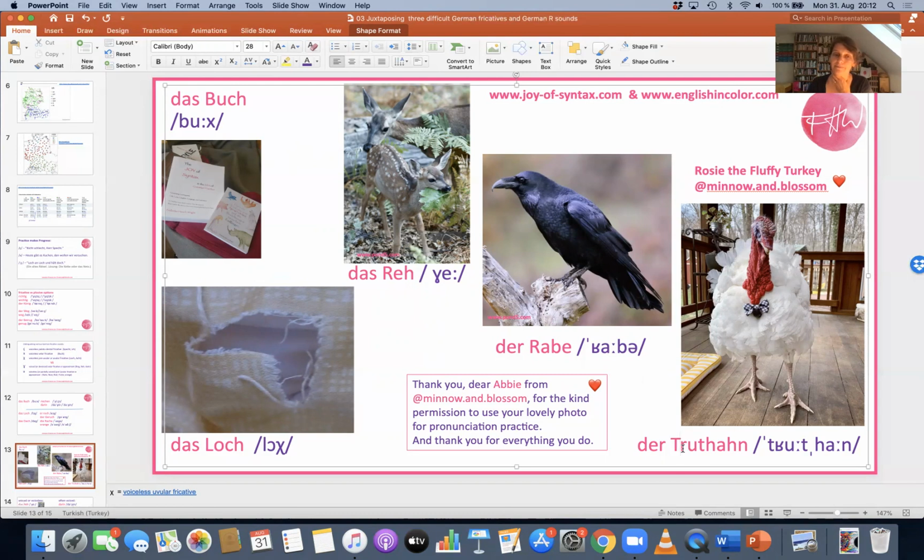Loch, Truthahn. So voiced or voiceless, and voiceless. And this picture is from Instagram. There's a very nice account called Minnow and Blossom, and the lady who runs it is called Abby, and she gave me permission to use this beautiful picture of her turkey Rosie. So thank you, Abby.